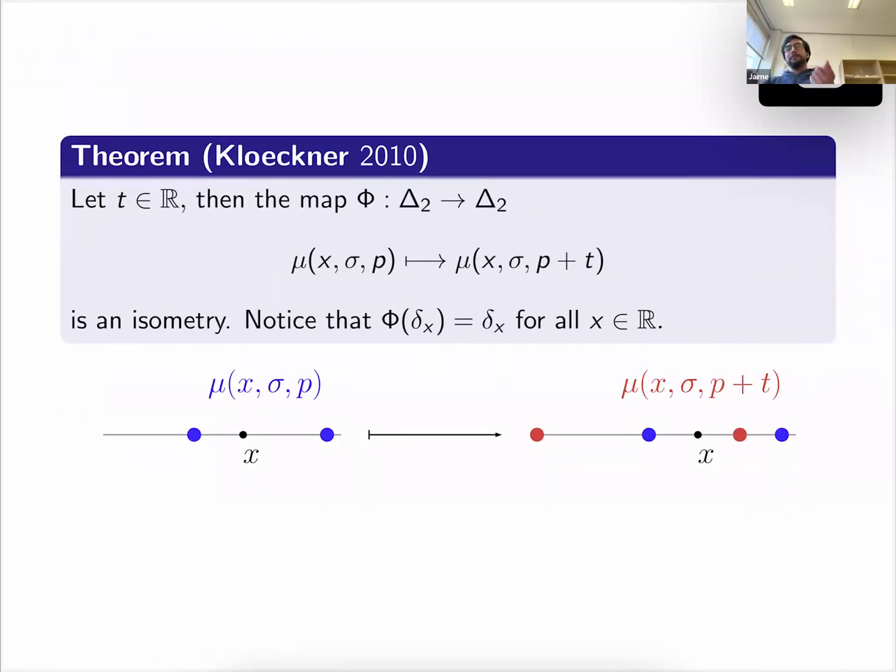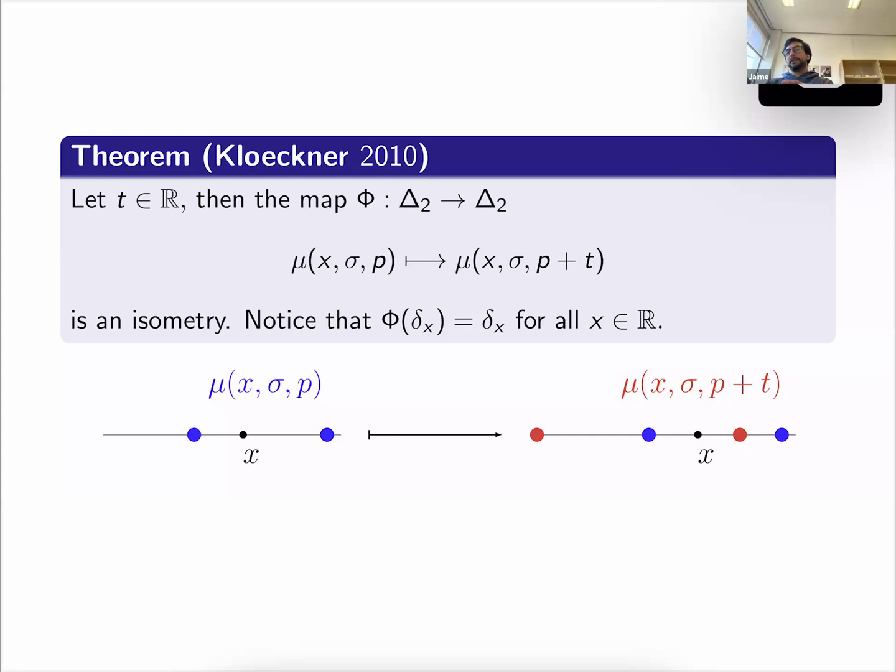Once more, notice that if you have just one atom, that is, if sigma is just 0, then the measure is fixed for all x in R. And this image in the bottom is just describing what we're doing for, say, t positive. So you take in blue one measure, x is going to be the barycenter, and you apply the isometry.